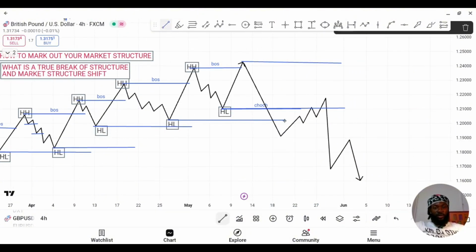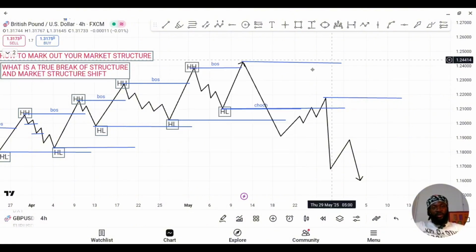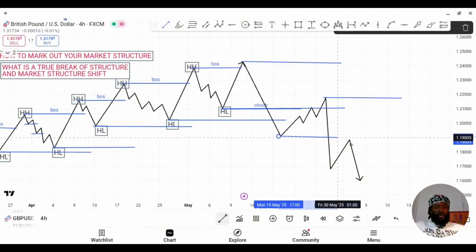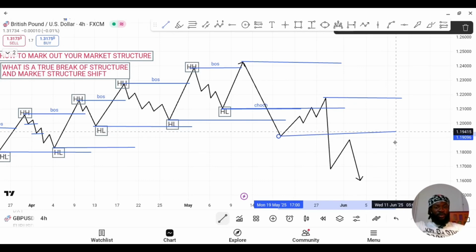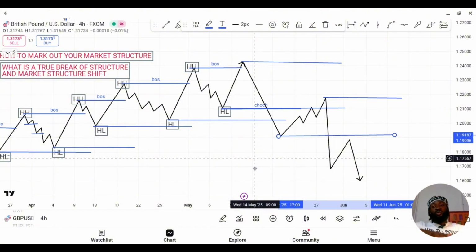Now we have a new one here, and we have our previous here, and we have our break of structure here. It's just as simple as that.